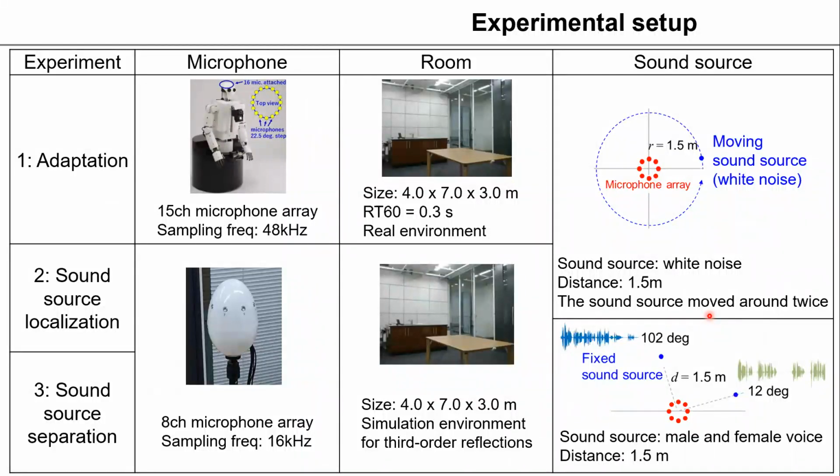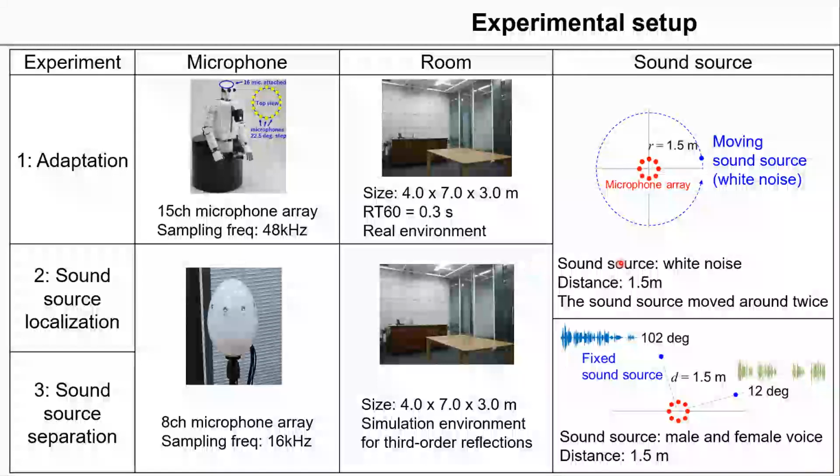This table shows the experimental setups. In experiment 1, a 15-channel microphone array was set up in a real experimental room. In experiments 2 and 3, we used a simulation environment with an 8-channel circular microphone array with third-order reflections using the image method.